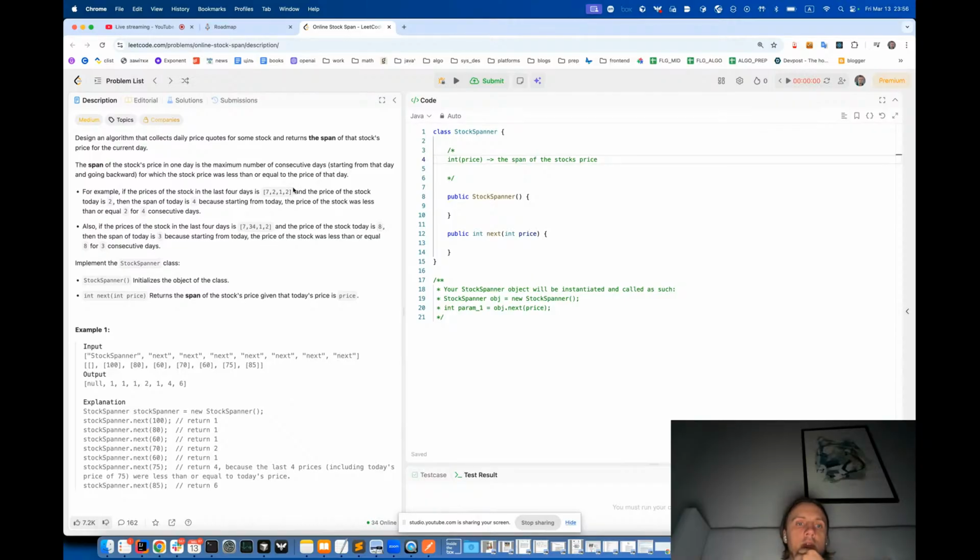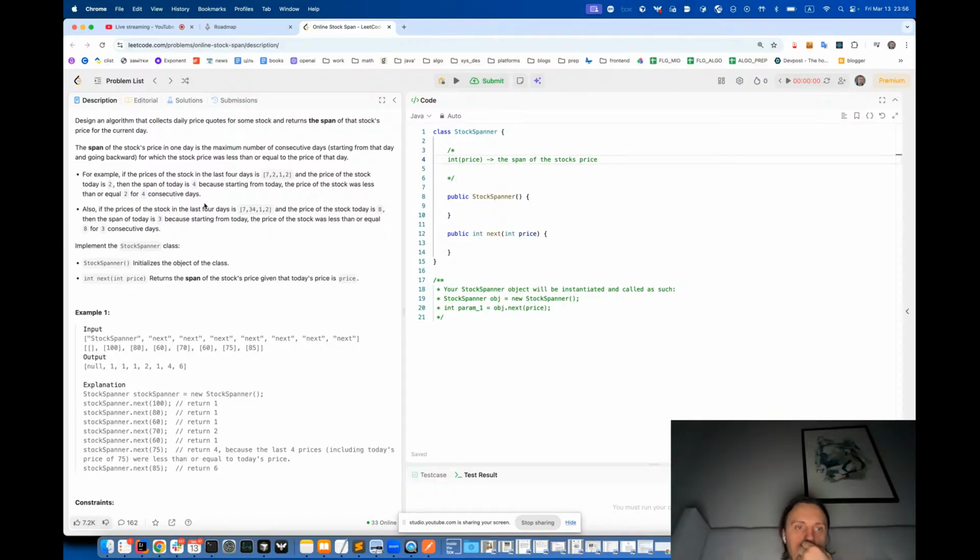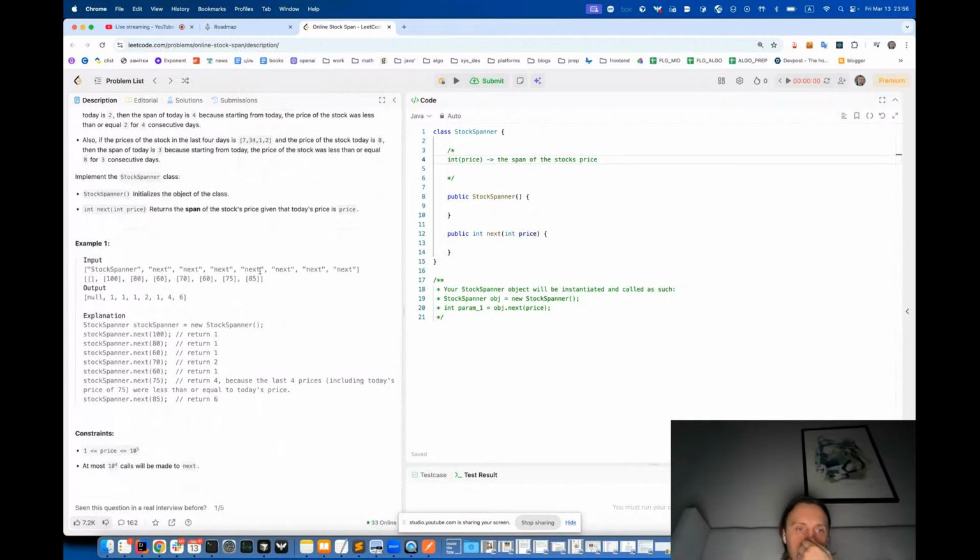Like today is 2, then 2, 1, and 2, and then it's 7, right? And we should return the maximum number of consecutive days. So here, for example, if 8, then 3, right?